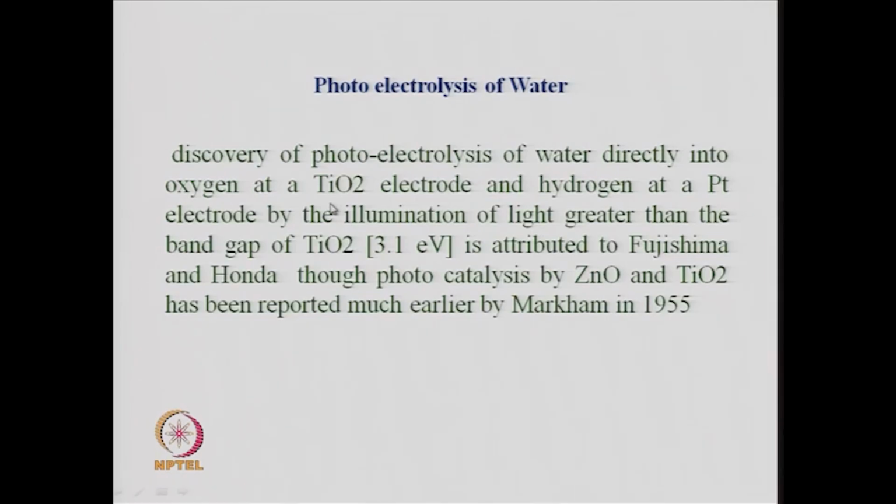It was reported in 1972, and so it is a long time that people have been working on titanium dioxide as the material at the electrode where oxygen is generated. You have another electrode, which is platinum, where hydrogen is generated, and these two electrodes are in aqueous medium.